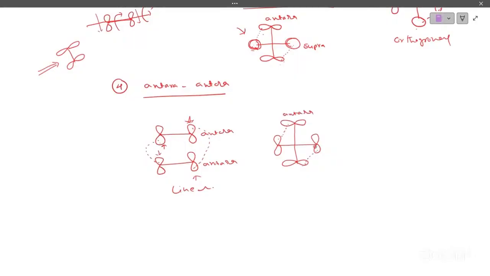In the first pi system, the opposite lobes are antara, and antara orientation of stereochemistry. Okay, we call it stereochemical modes. Now we can take one example.